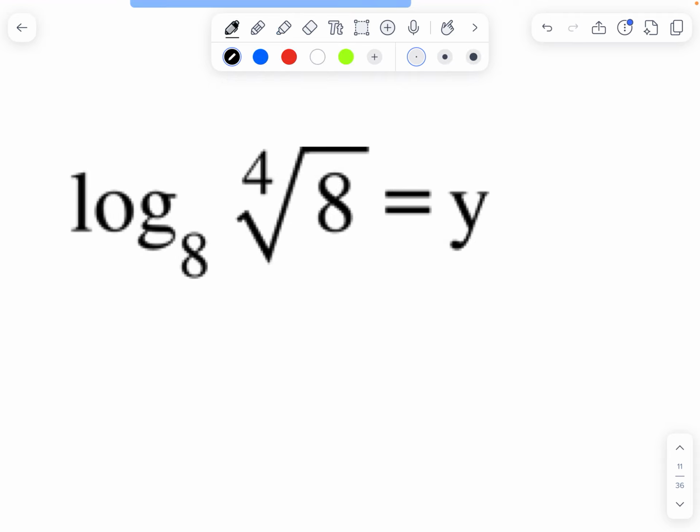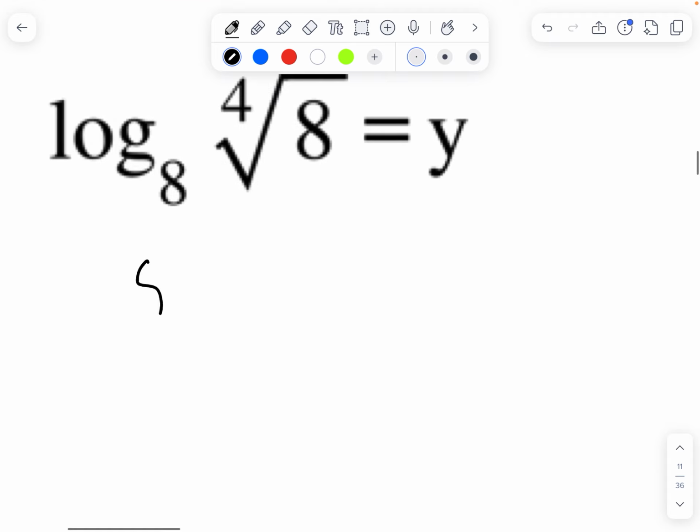Log base 8 of the fourth root of 8 equals y. For this question, there's actually another technique. First we need to convert this to exponential form. So 8 to the power of y equals the fourth root of 8.